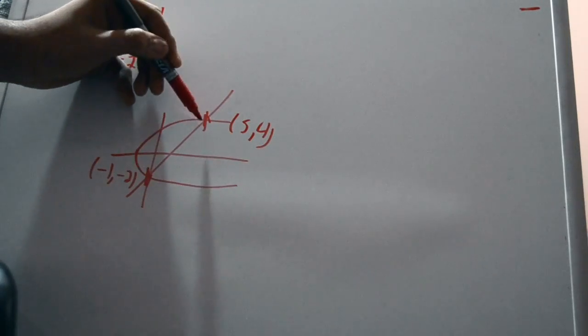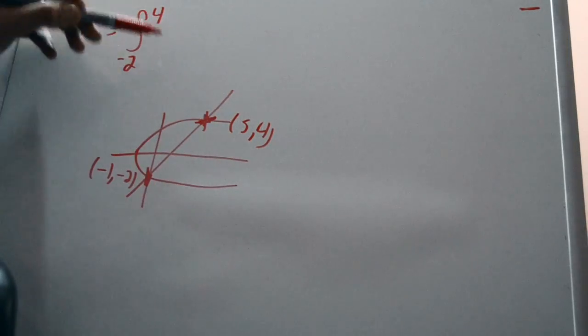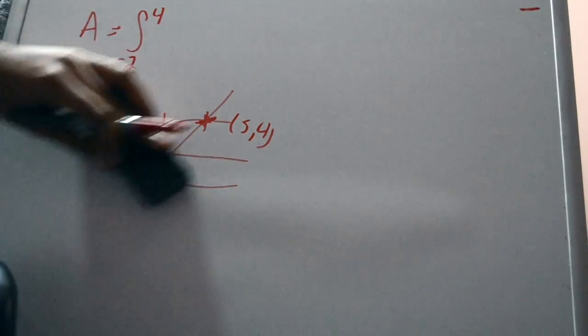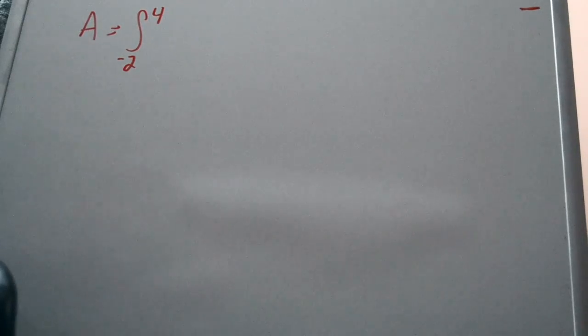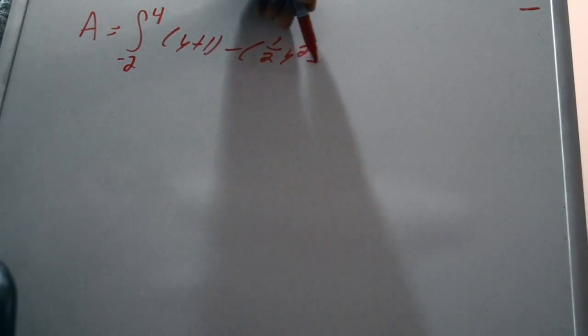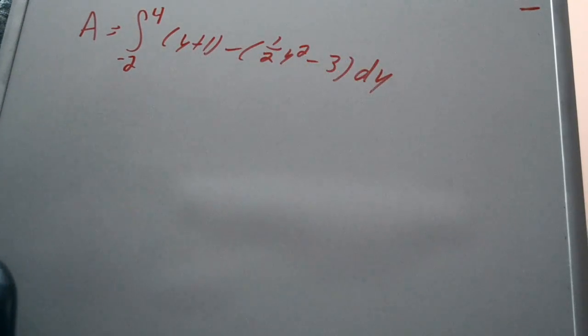Well, this is our y value of 4, our upper limit, and our lower limit is -2. That's C and D for you. And we will have the right function, which is the line, y plus 1, minus (1/2 y squared minus 3), with respect to dy.